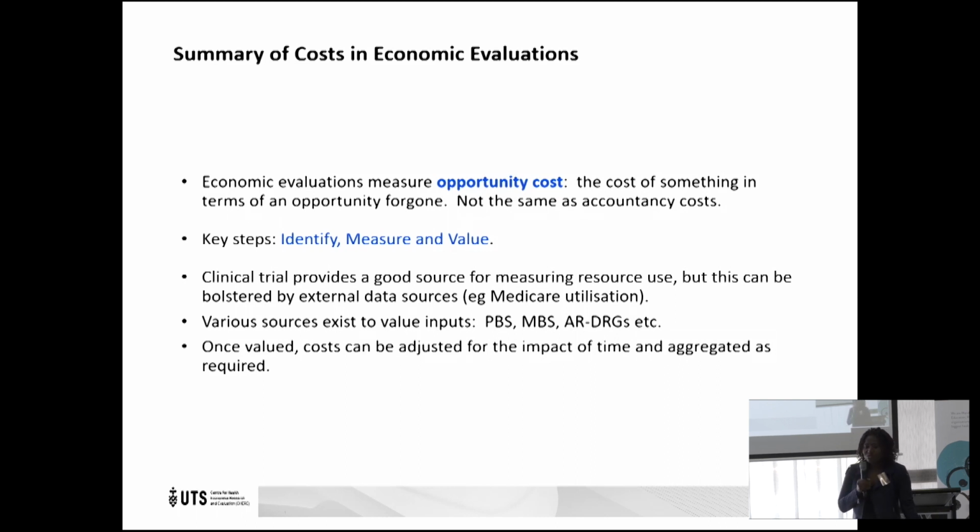And you always need to identify, measure, and value. Identify your resources, measure them, and then value them. And you need to consider how you are going to go about it, the source of data in doing that, and also discount. Thank you very much.